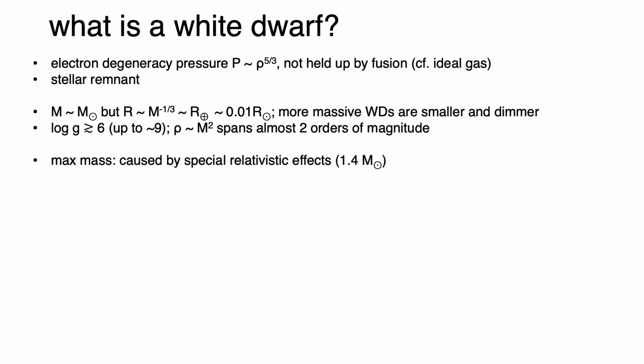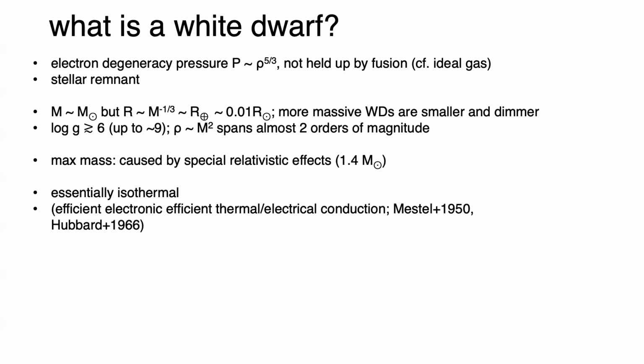There's also a mass set by special relativistic effects, which sets a maximum mass for white dwarfs, called the Chandrasekhar limit, about 1.4 solar masses. Okay, that's a pretty important thing. It turns out that the bulk of a white dwarf is essentially isothermal, because both thermal and electrical conduction are very high, and they're mediated by electron conduction.